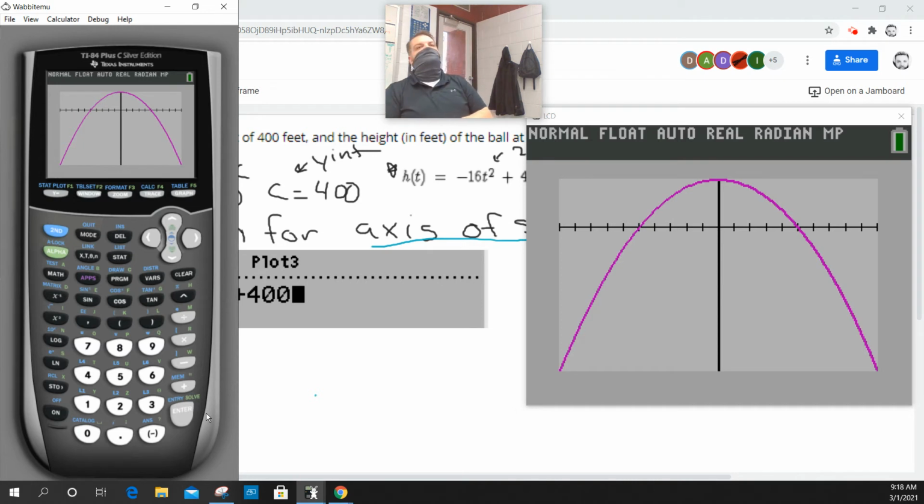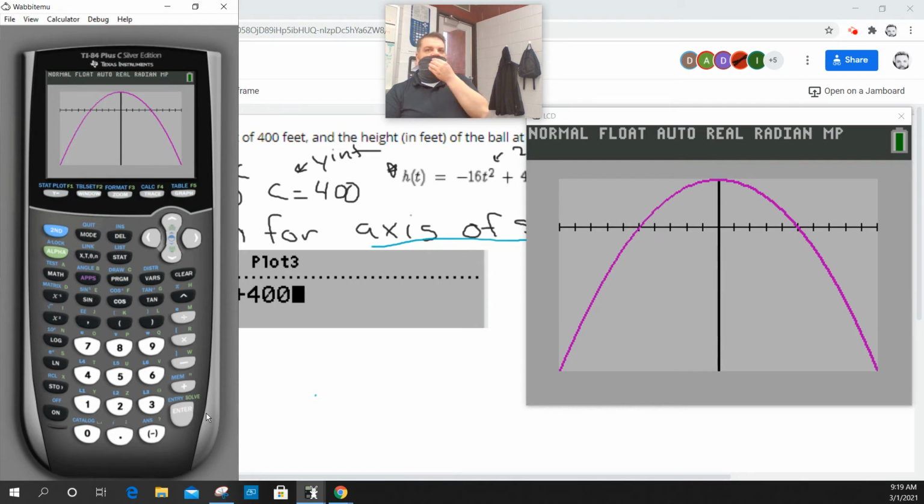Well, yeah, in the middle, but where is the middle? It looks like it's going right through where? The y-axis. I heard somebody say x equals 0 or the y-axis. How could we test that? What point on the graph is also on the line or axis of symmetry?